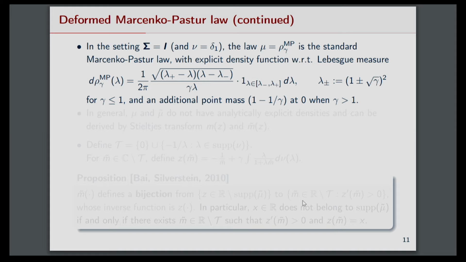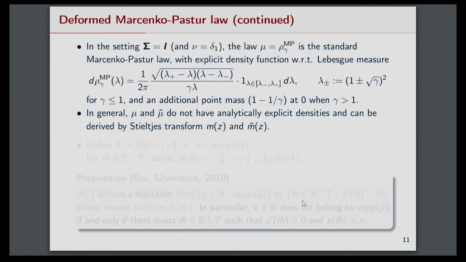As a remark, if the population covariance matrix is just the identity, this is well understood, and we know the formula for the PDF of the Marchenko-Pastur law. But in general, if you consider Sigma as a general matrix with a certain limiting spectral distribution, then we have to use this fixed point equation to compute the Stieltjes transform.